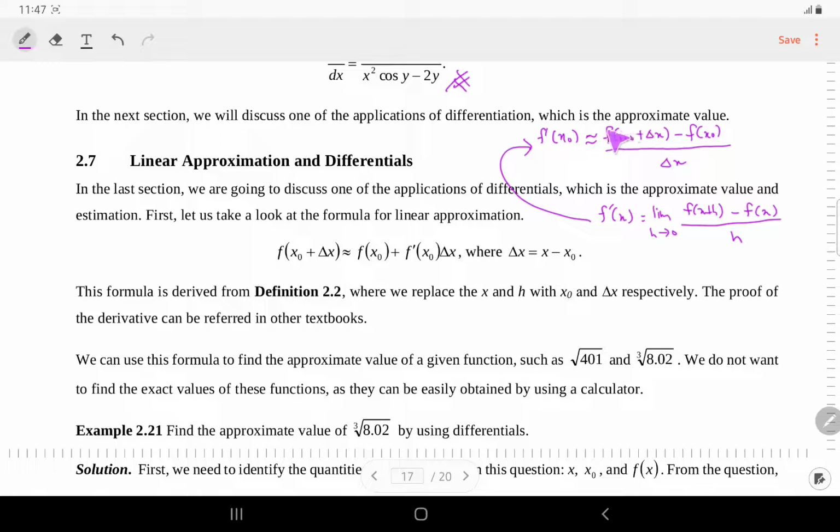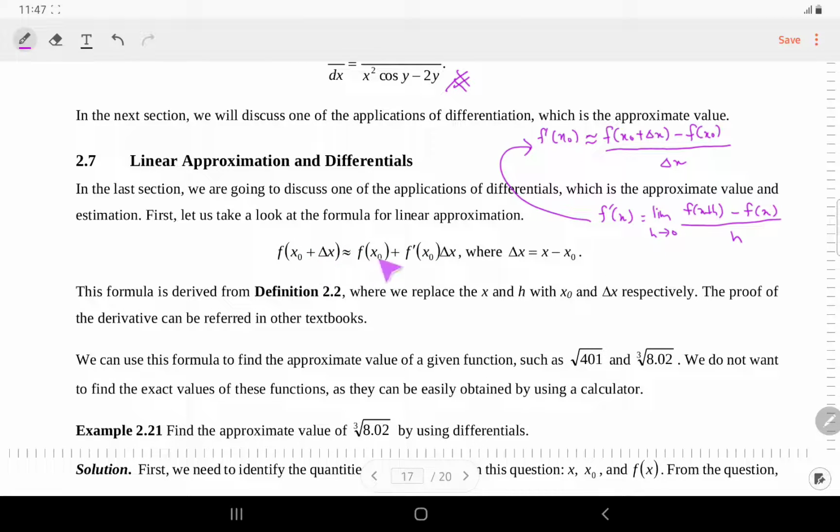Then we cross multiply, so we get this. Simplifying this equation, we get this formula. We call this formula linear approximation.